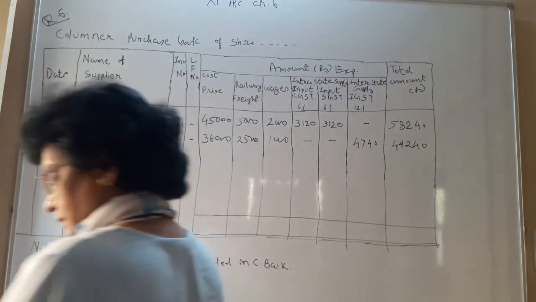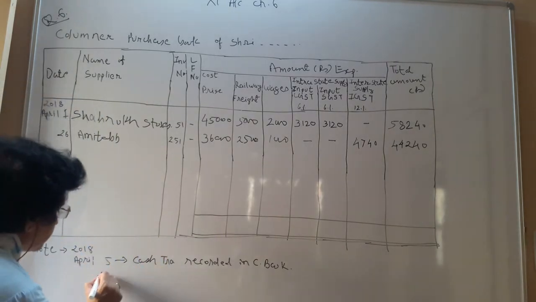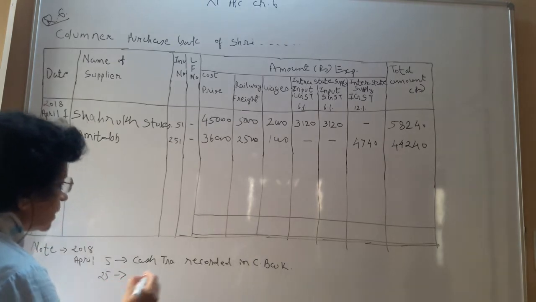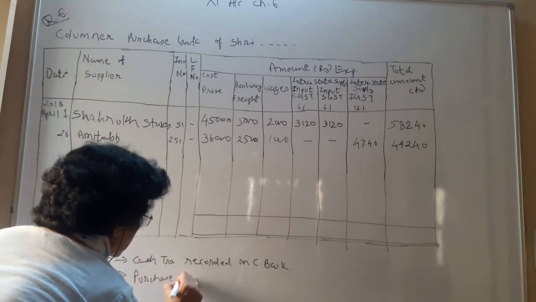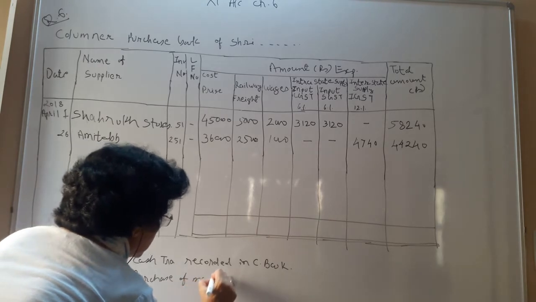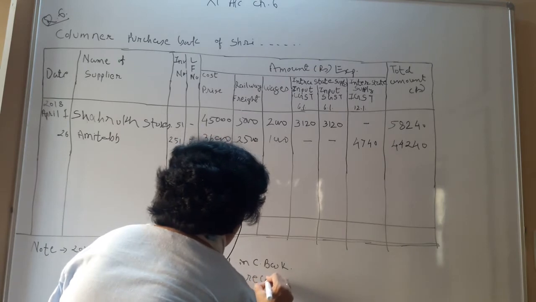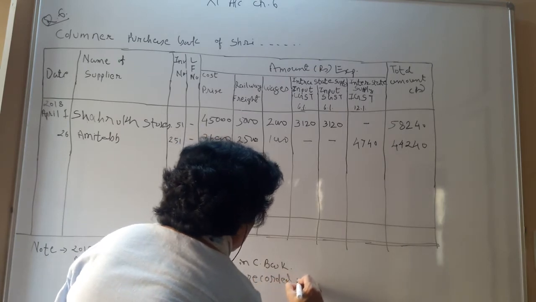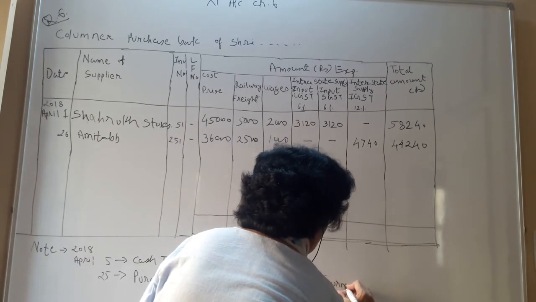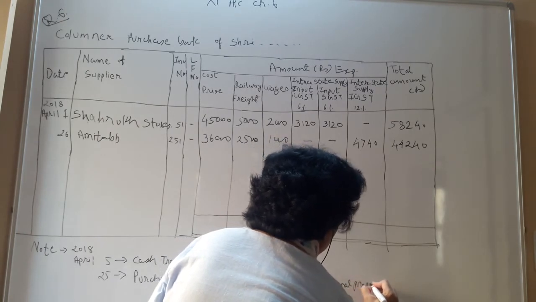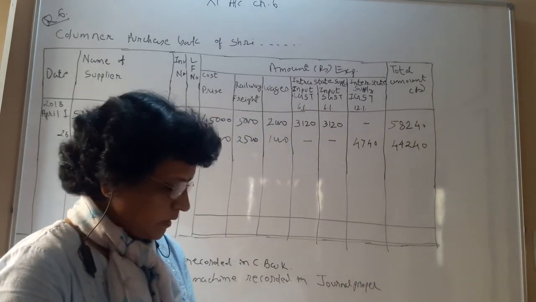So we need to write a note for transaction number 25: purchase of machine recorded in journal proper. So it won't be there in the purchase book.